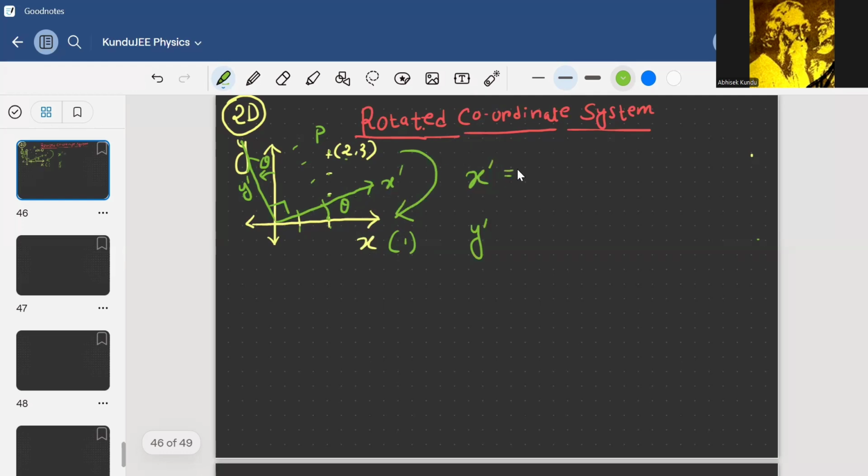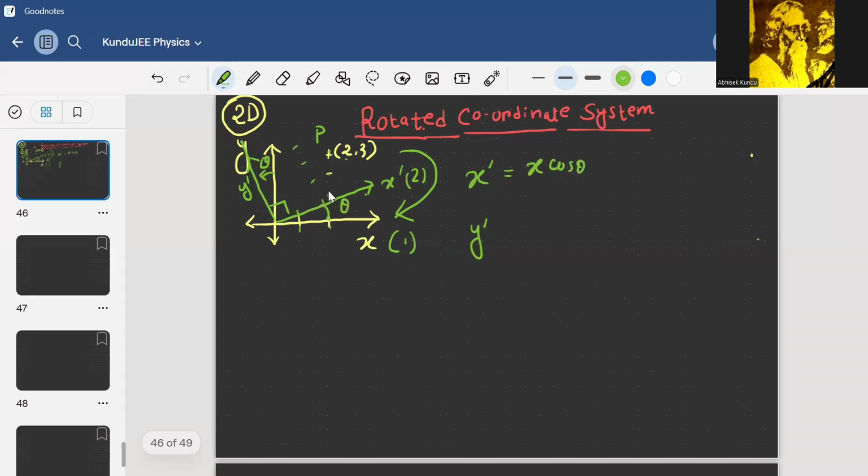So what is the x dash? See, x dash is making angle theta with the old coordinate system, that is coordinate system 1 and coordinate system 2. So the projection of x on x dash is going to be x cos theta.